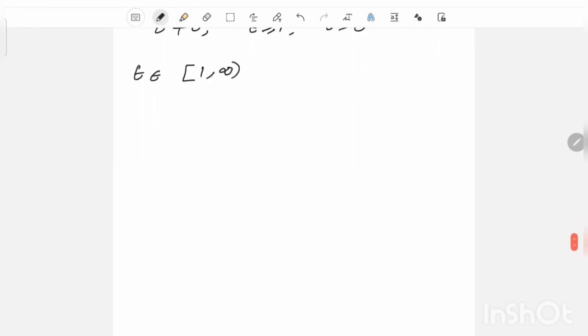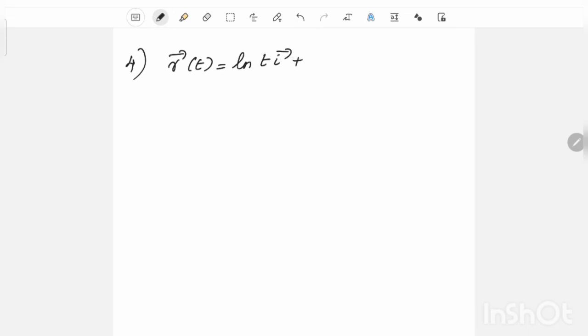Now we can have another example. The vector r(t) = ln t i + cosh t j + tanh t k.